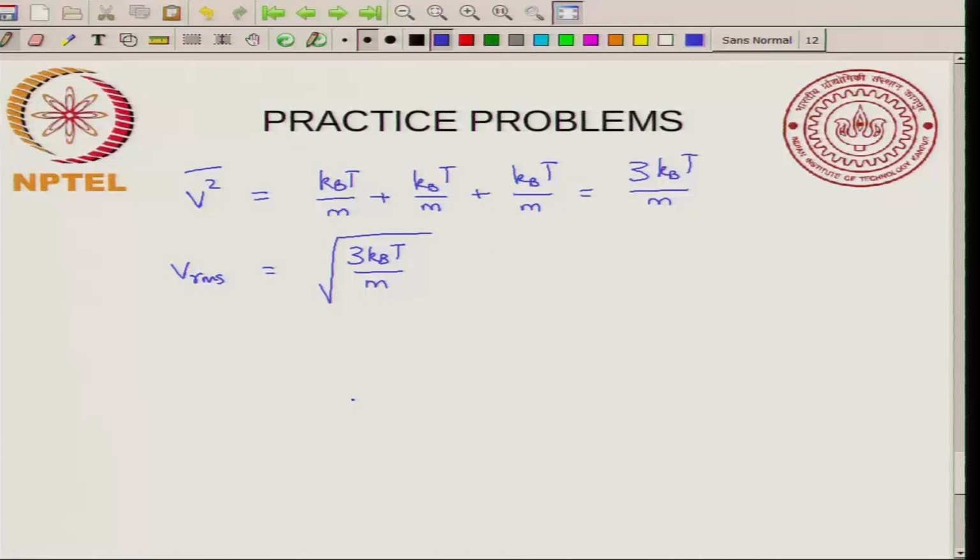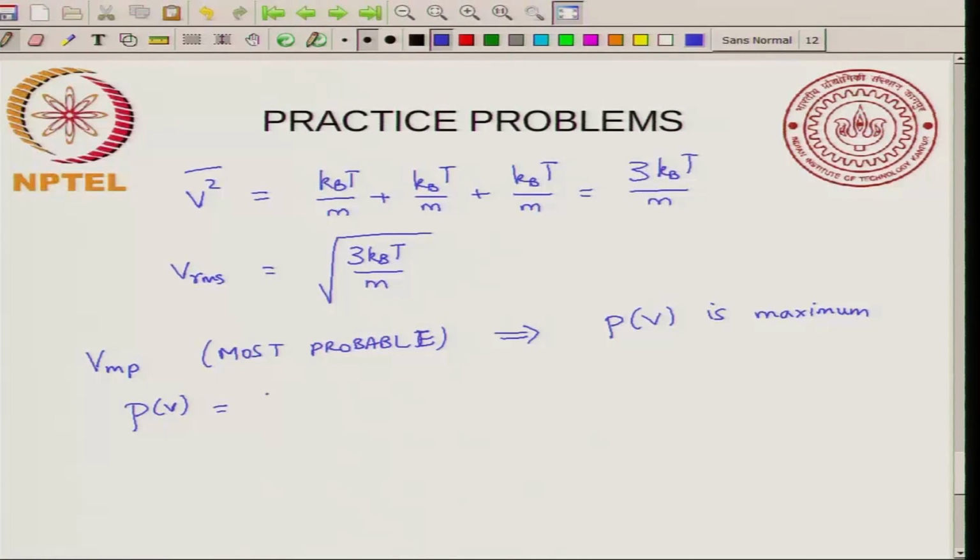Now, what about V most probable? This implies P of V is maximum. So, where is P of V maximum? P of V we wrote as 4 pi into m by 2 pi k b t raised to 3 by 2, times V square e to the minus m V square by 2 k b t.